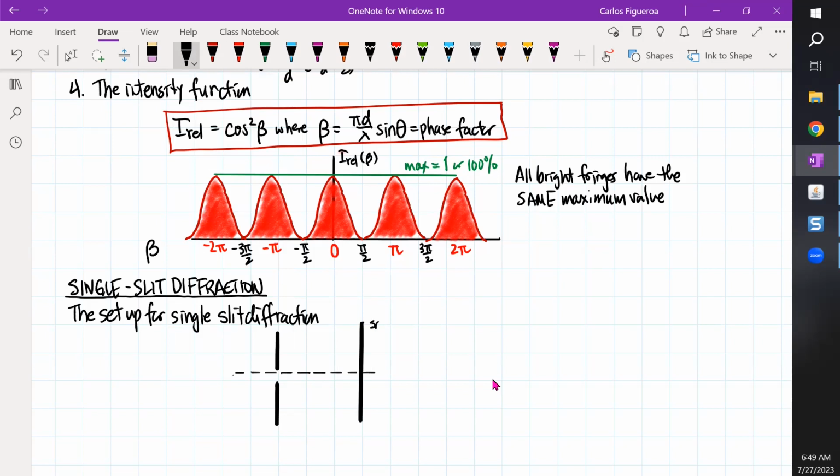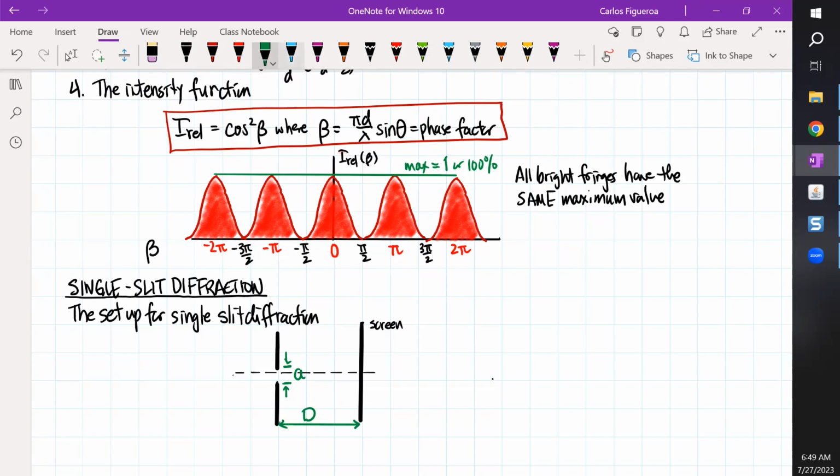This is the screen, and from here to here, this is what we call the slit opening A. We also have a separation between the slit and the screen. We label this as big D.